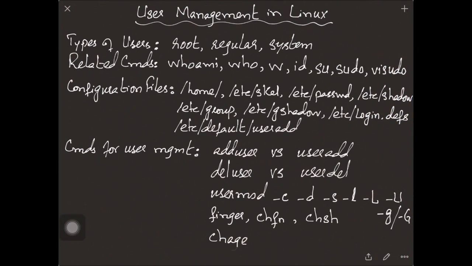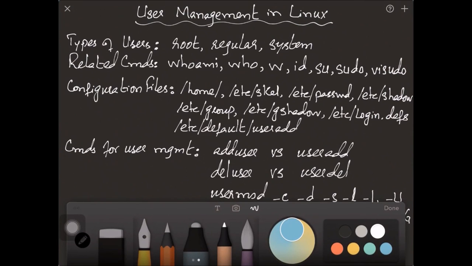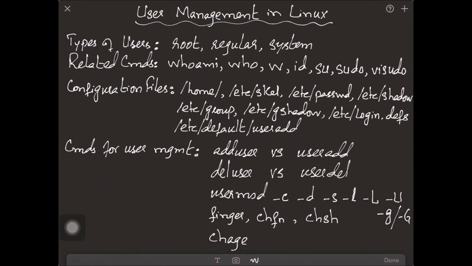Okay, so let me change colors to red, suppose. So we have seen user management in Linux, and we have seen that there are three types of user: root, regular, and system user. And you have observed that the root user has an ID of 0 and the regular user's ID starts from 1000.